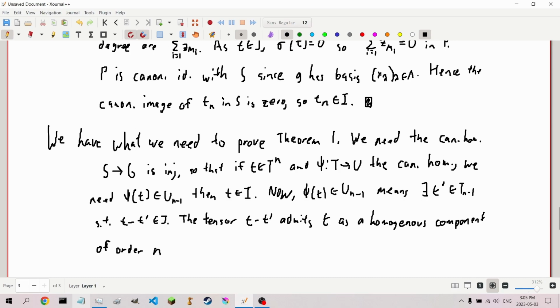Just keep in mind T is in T superscript n and T prime is in T subscript n minus 1. And hence T is in the kernel by our previous lemma. And that is the proof of the first theorem, I believe.